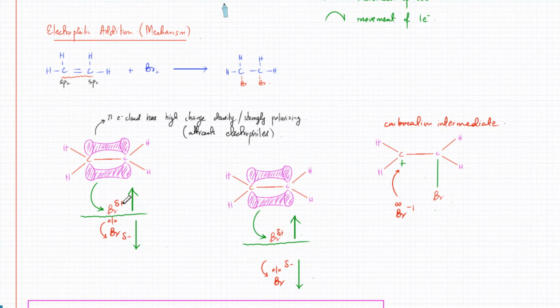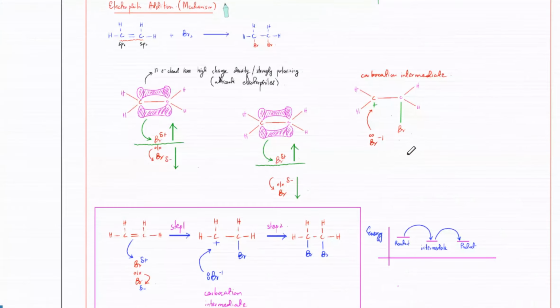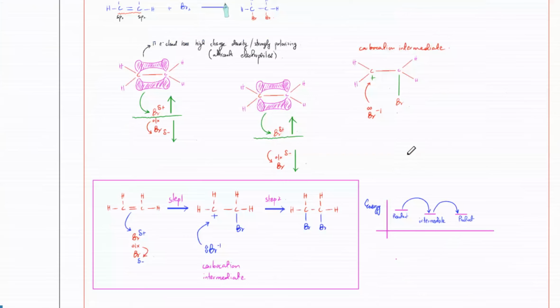But why is it electron deficient? Because the electrons over here are getting repelled. So the positive bromine will be attracted even more to the electrons that are over here. So the positive bromine goes and takes away the pi electron cloud, which was over here, and bonds with it. And so it forms a carbocation. And in the next step, the Br-1 comes back and ends up forming this other bond.